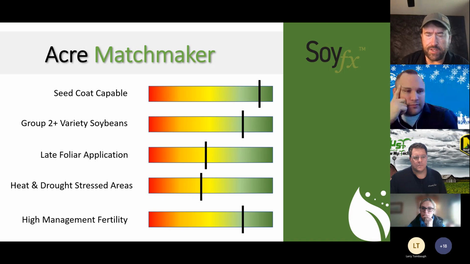So we've got gram positive and gram negatives in there. That way we try to do some broad spectrum. There are beneficials in the soil that will kill a lot of the gram negatives, but in soils that don't have those beneficials, you need a few in there to be able to overcome the bad actors.